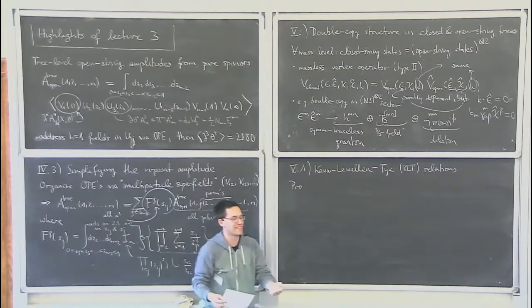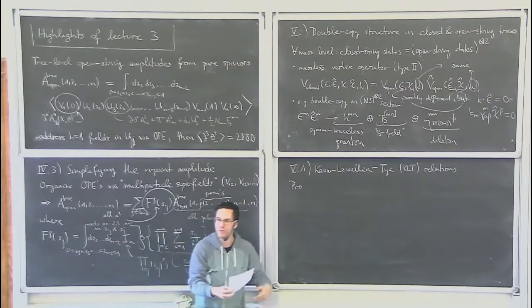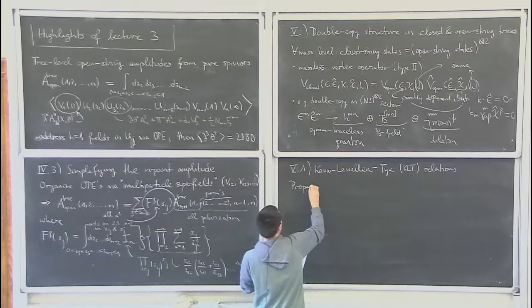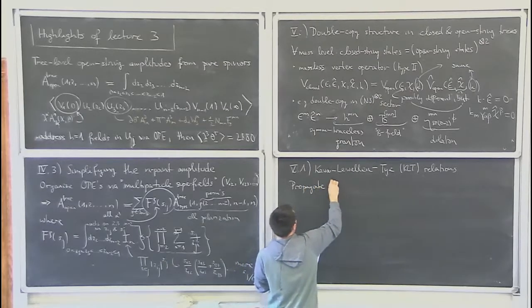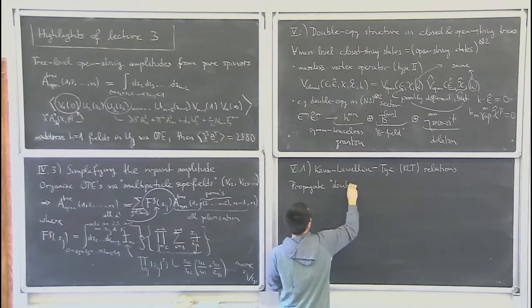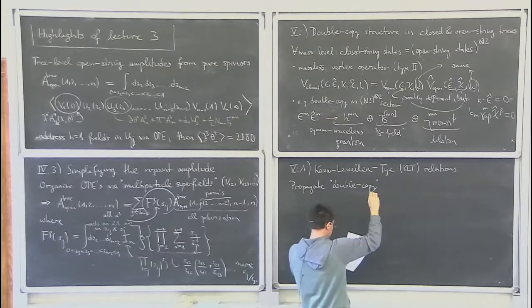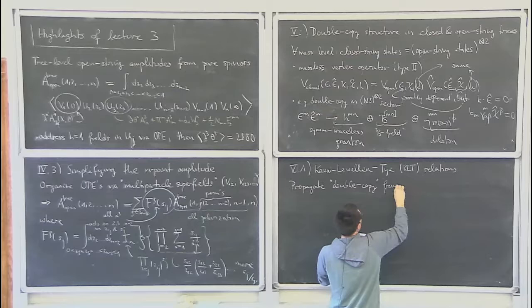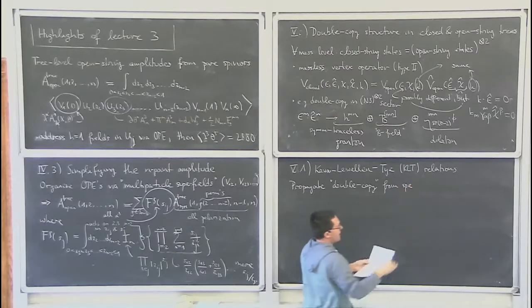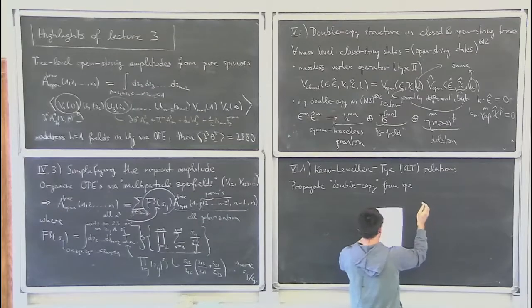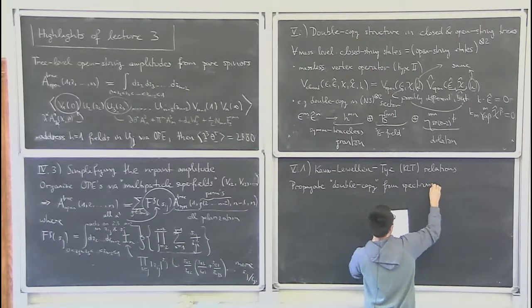And wouldn't it be nice if this property of the spectrum was also present in amplitude representations? So the idea is to propagate this economic double copy from the spectrum to the amplitudes. And at tree level, this is, let's say, very well understood in the form of the KLT relations that I will spell out.